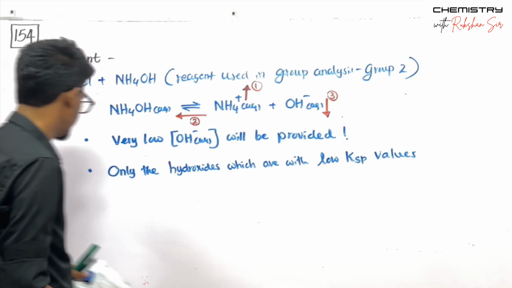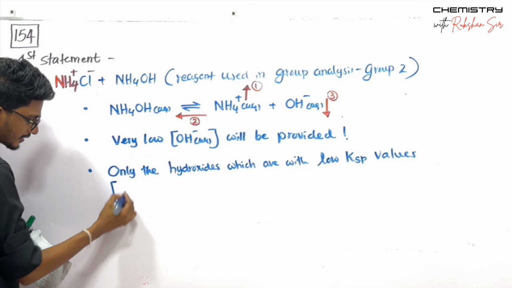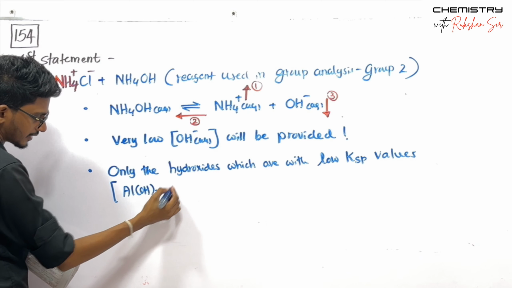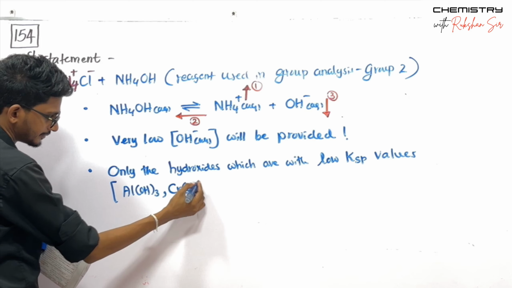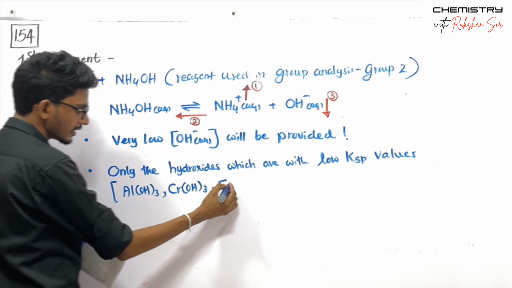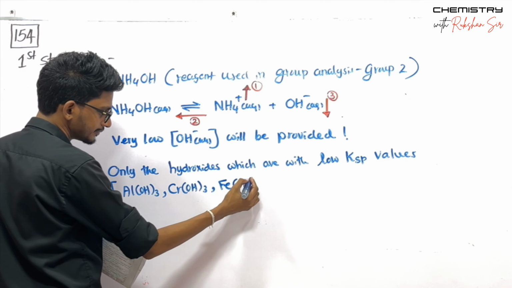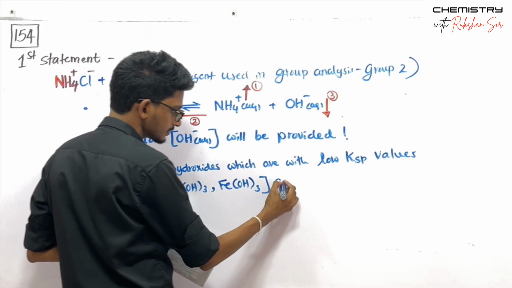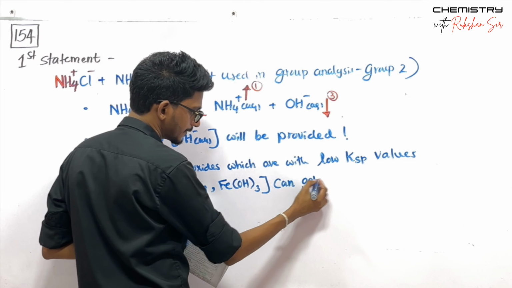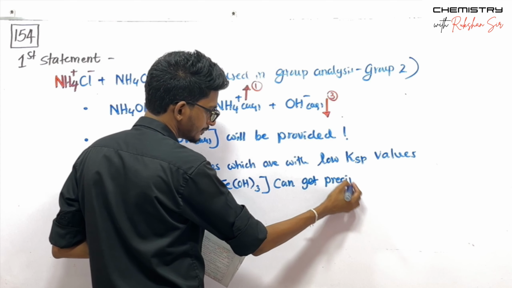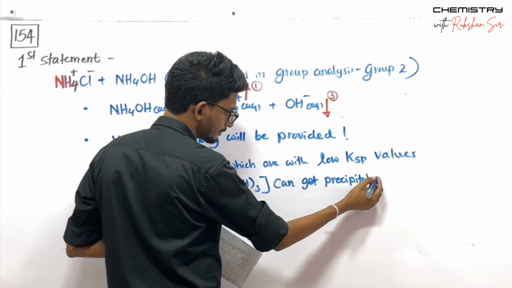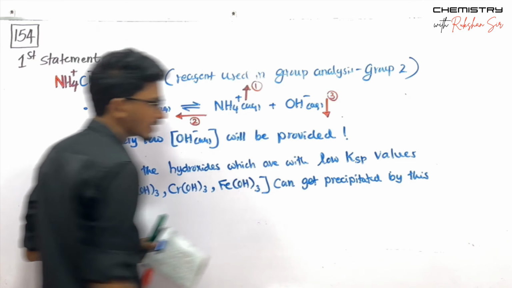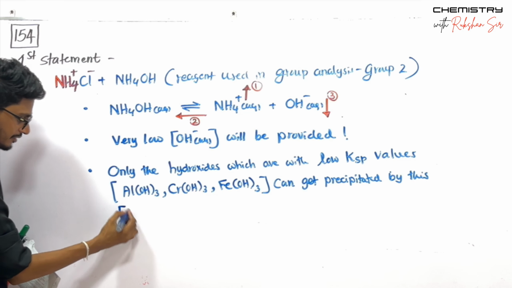What are those? Basically these: Al(OH)3, the 3+ hydroxides, Cr(OH)3, Fe(OH)3. They can get precipitated by this low OH minus concentration.